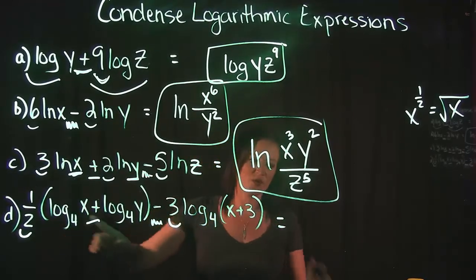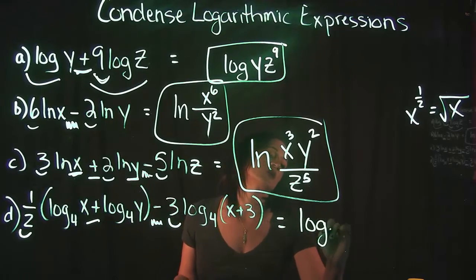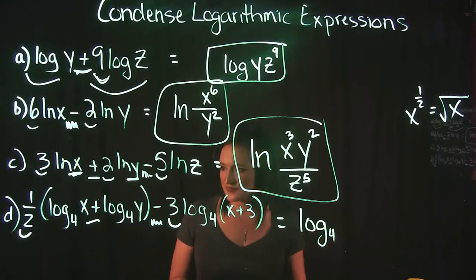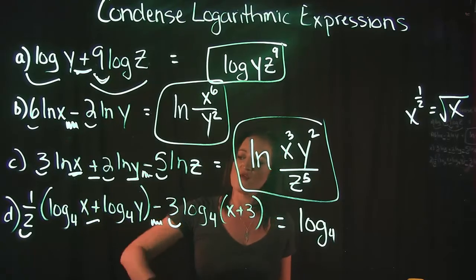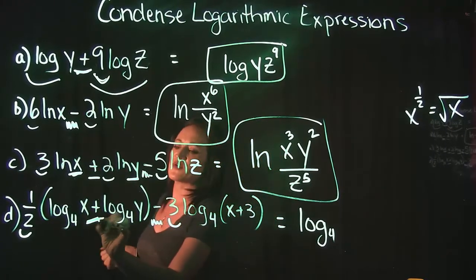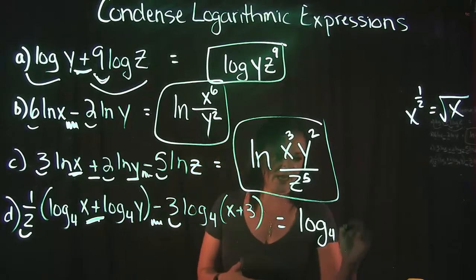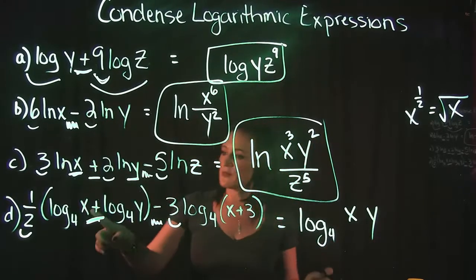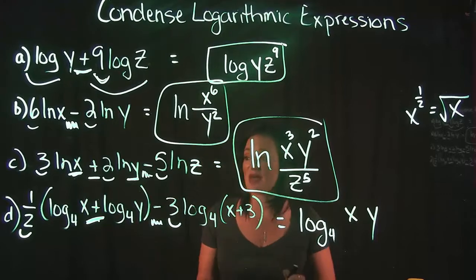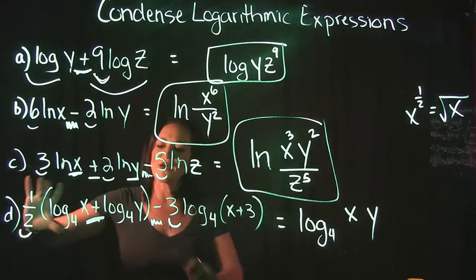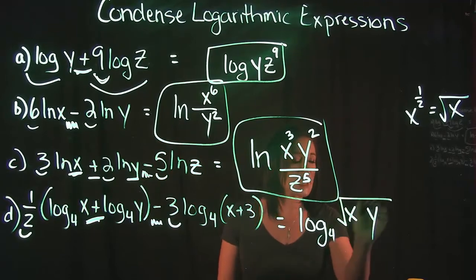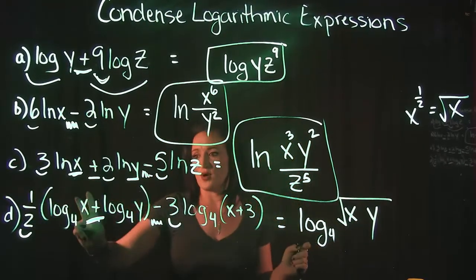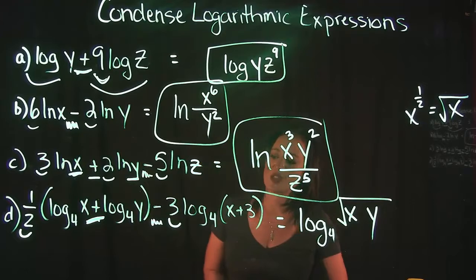So everything is log 4, so we're going to have log 4 of something. The first thing we have here is log 4 of x plus log 4 of y. So again, remember that addition is a multiplication. So we are multiplying x and y together. And the 1/2 is in front of both of them, so that means we are taking the square root of both the x and the y.